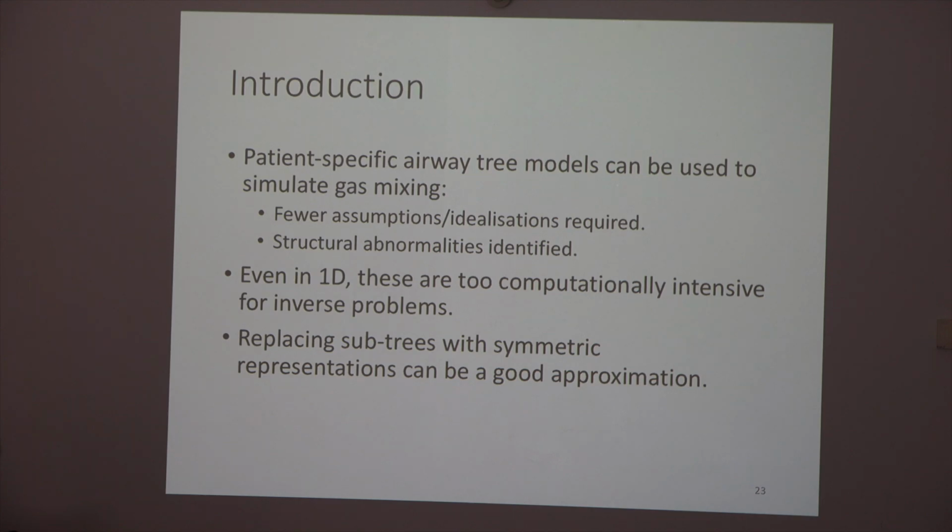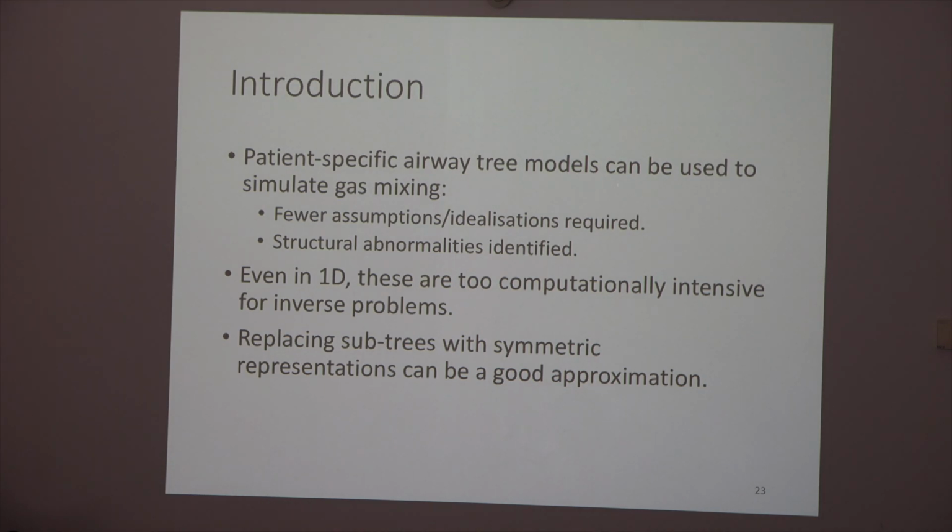So very briefly, I'm going to talk about what I'm working on right now, which is similar to what Amir, Merin's PhD student, has also been working on, which is taking patient-specific airway tree models and averaging them down to be computationally more efficient so that we could potentially use them in inverse models like before.